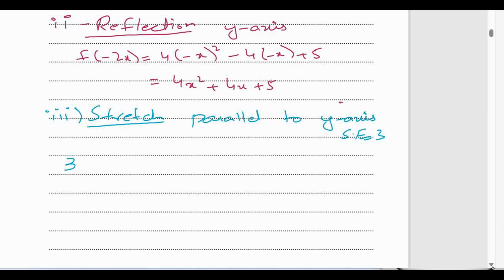We have to multiply 3 with f of minus 2x, which means that this will be 3 into 4x square plus 4x plus 5. So this will be equal to 12x square plus 12x plus 15. So this portion will be the final answer.